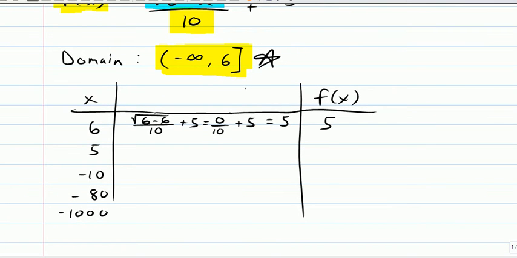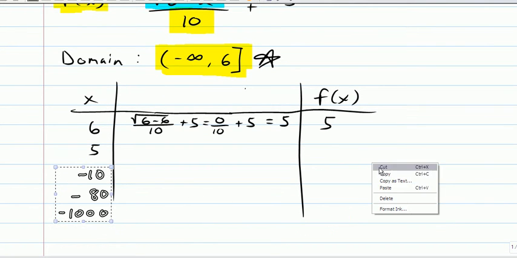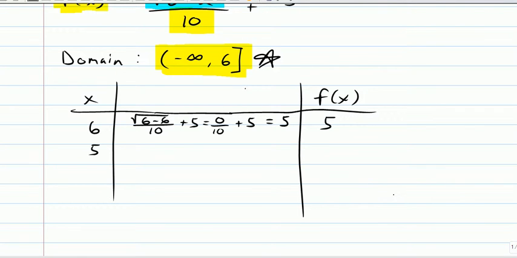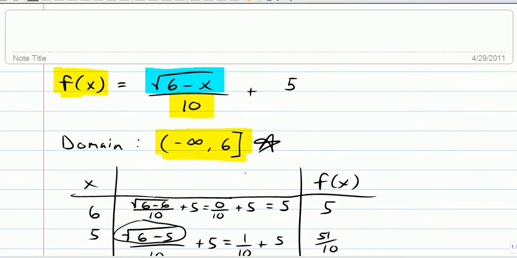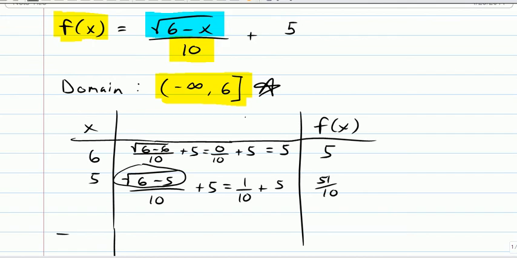So let's go to 5 now. Plug 5 in: the square root of 6 minus 5, divided by 10, plus 5. That's the square root of 1, which is 1. So we have 1/10 plus 5. 5 is 50 tenths, so 51 tenths. We'll do one more. Let's do negative 75.